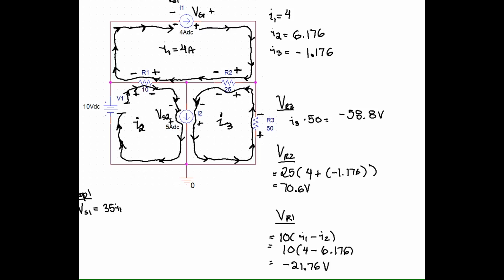So from loop 1, we find the voltage drop across current source 1 is going to be 35I1 minus 10I2 plus 25I3. And just substituting in the currents, we can solve, since we know the currents already.